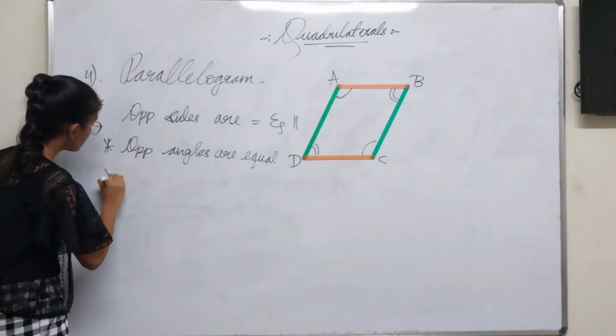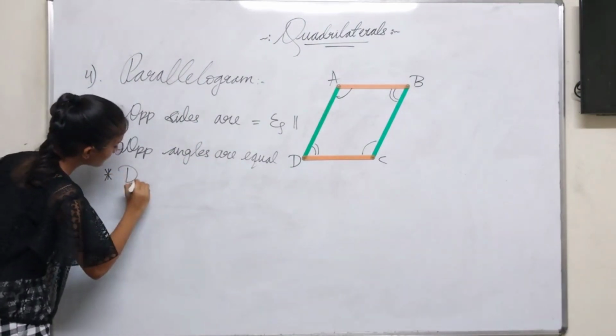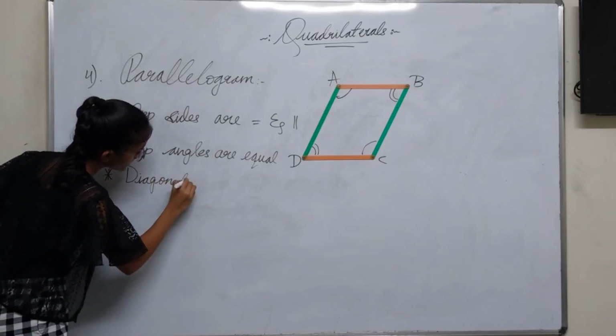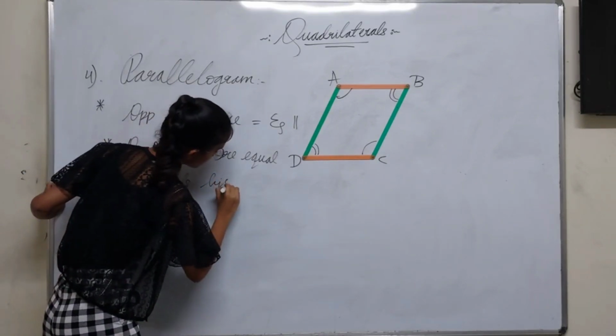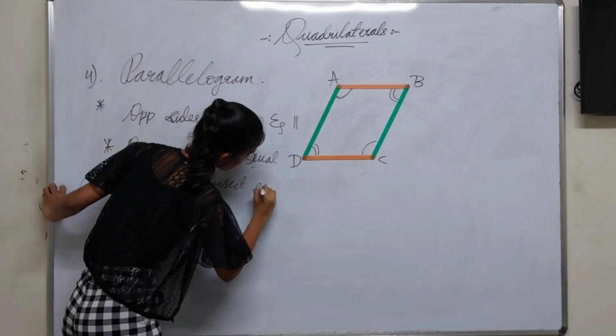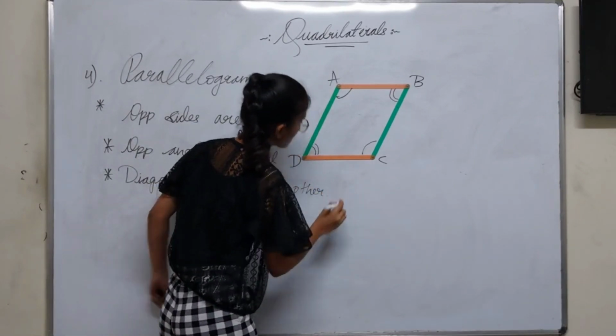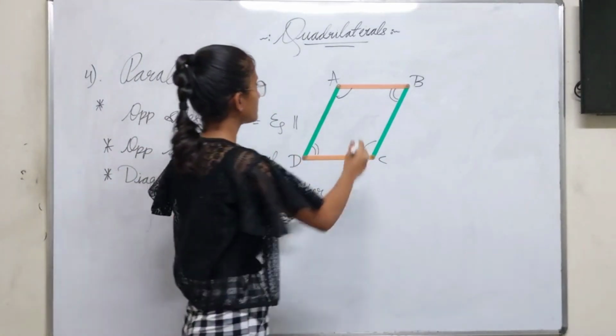In a parallelogram, the diagonals bisect each other.